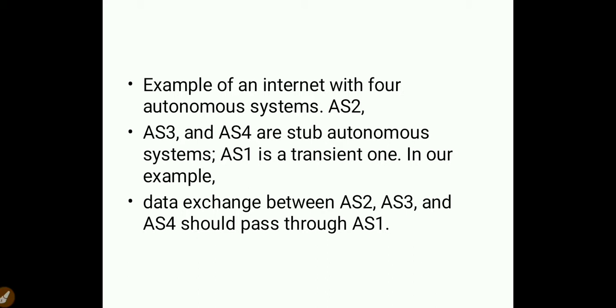We already know the definitions of stub and transient. So here AS1 is a transient system. All the remaining autonomous systems can exchange their data packets only through AS1. That's why AS1 is a transient autonomous system.